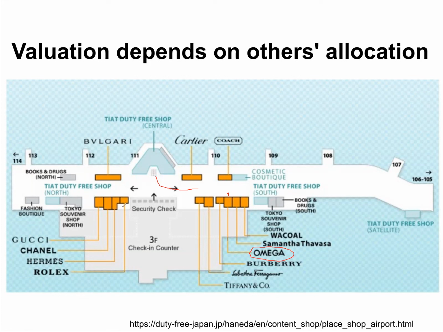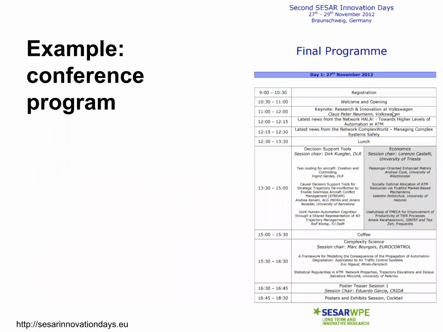But at the same time, you may care about where your competitors are located. I don't know whether you want to be next to them or far from them. I'm not an expert in high-end watches, but anyway, sometimes you not only look at your own resource, but also the resource of others in order to evaluate how much you like a certain resource allocation.